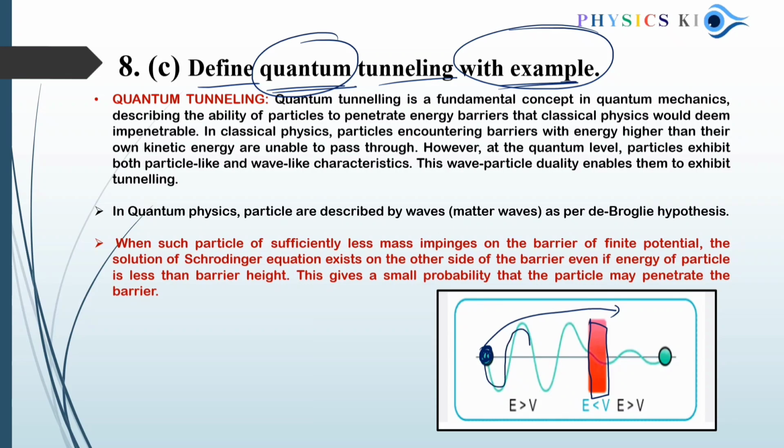But quantumly, even if the particle does not have sufficient energy to cross the barrier, sometimes the particle will behave as a wave, and the particle can penetrate through the potential barrier, and some wave function is possible outside this infinite potential or whatever potential barrier we have.